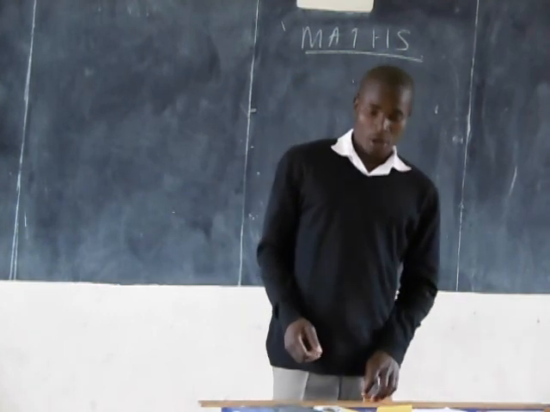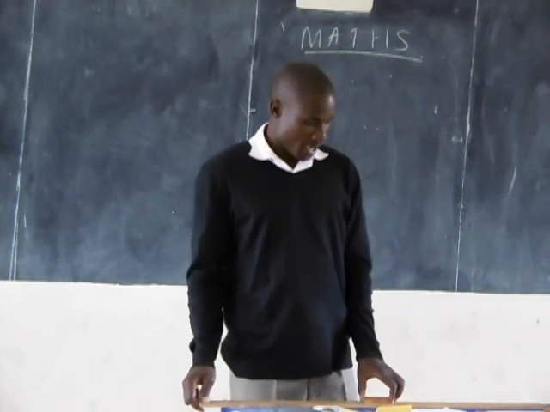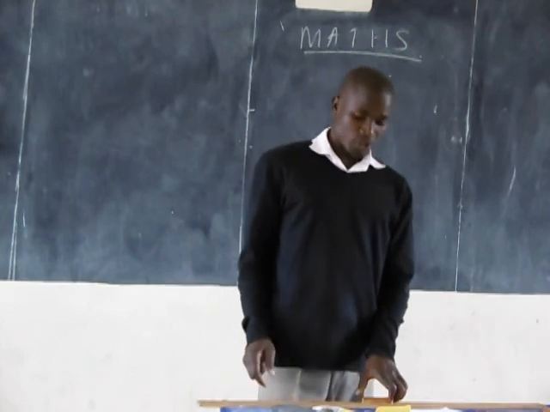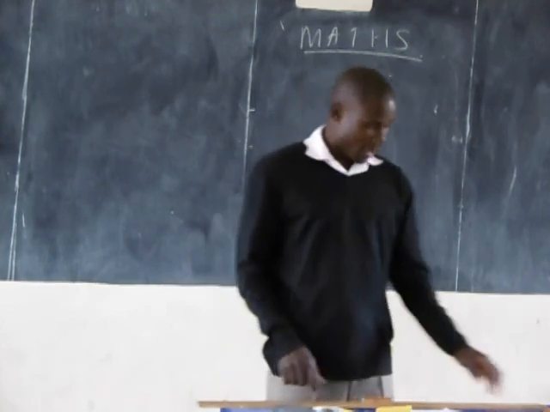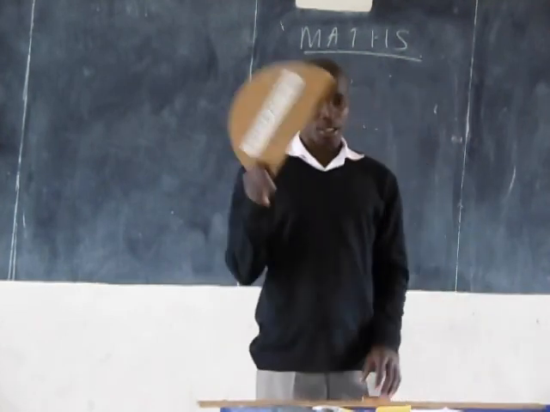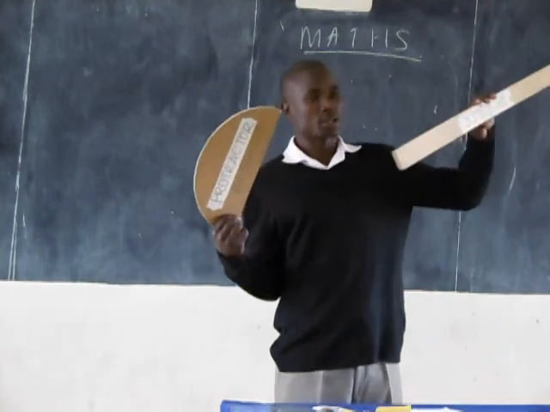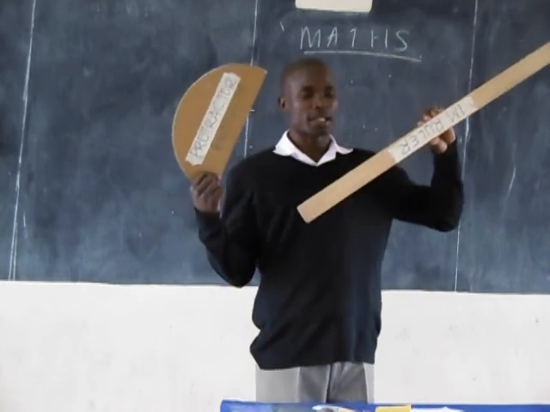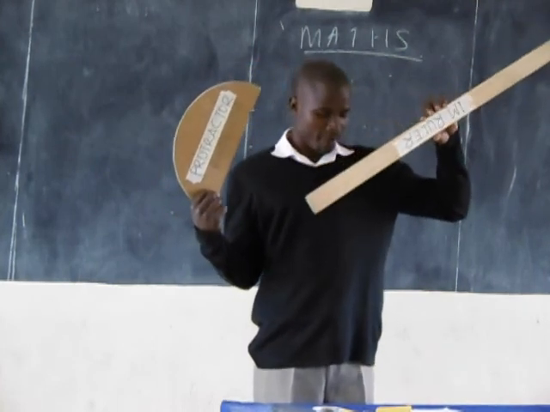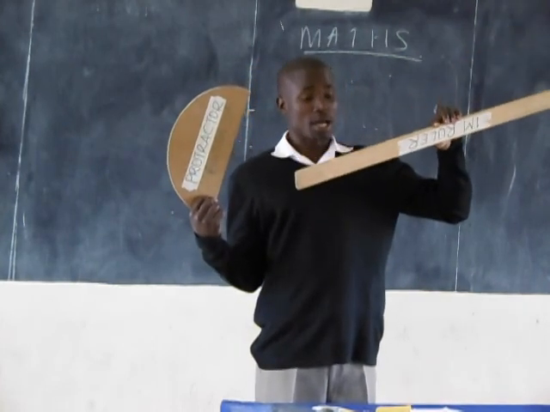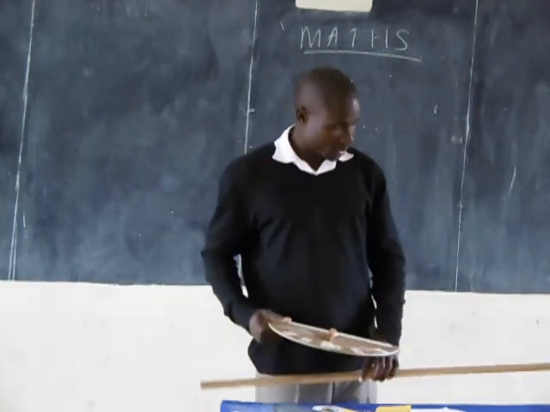Now, I hope everybody has a geometrical set whereby I just want you to take this one, ruler and a protractor. I know you have a 30 centimeters ruler or a 15 centimeters ruler.